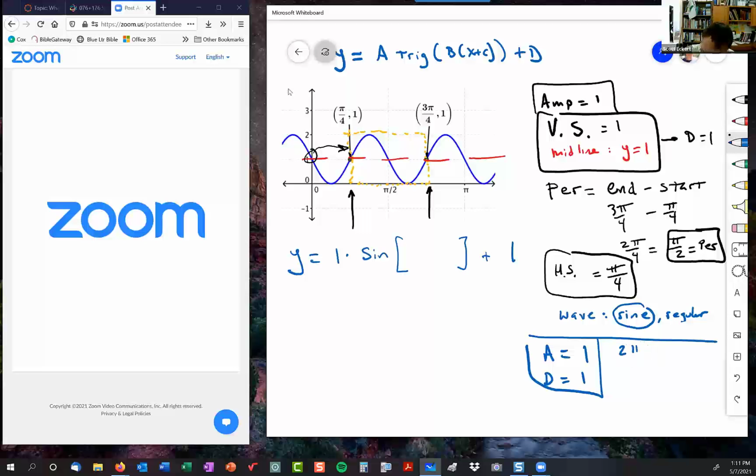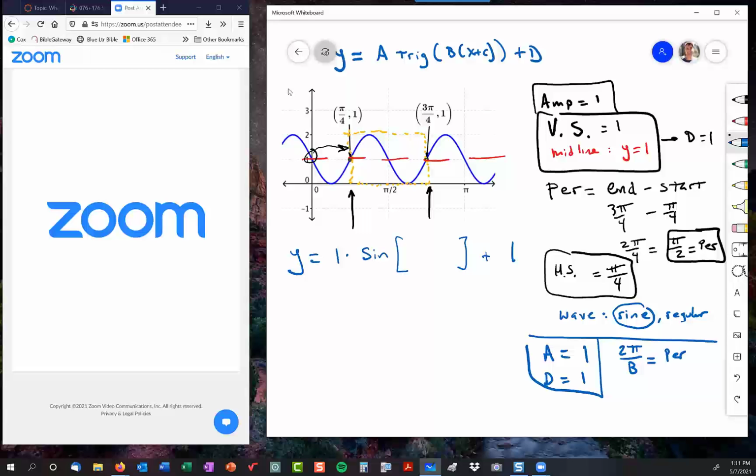Now 2 pi over B is a formula. And what is that equal to? What does 2 pi over B equal? The period. Yeah, nice. We got it.